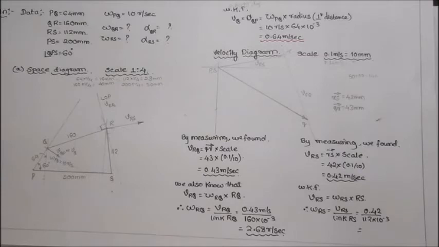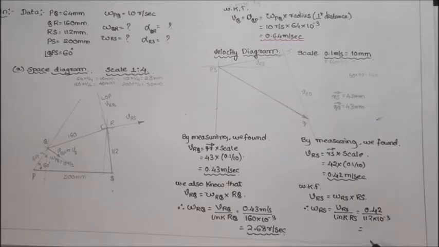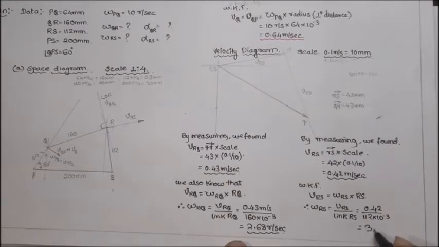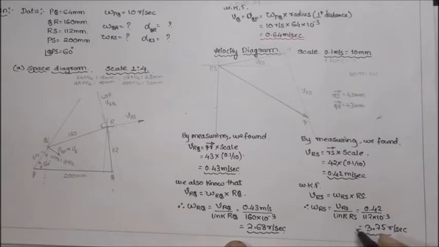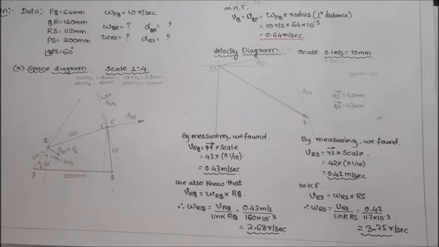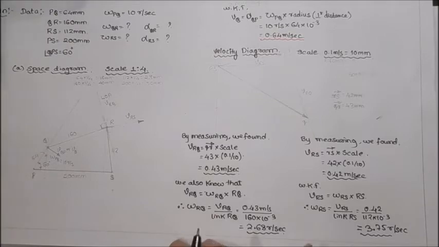So value is 3.75 radians per second. So this is our velocity value.